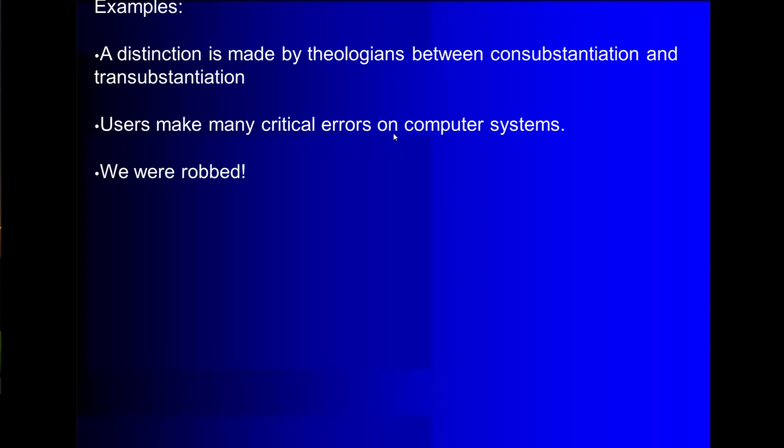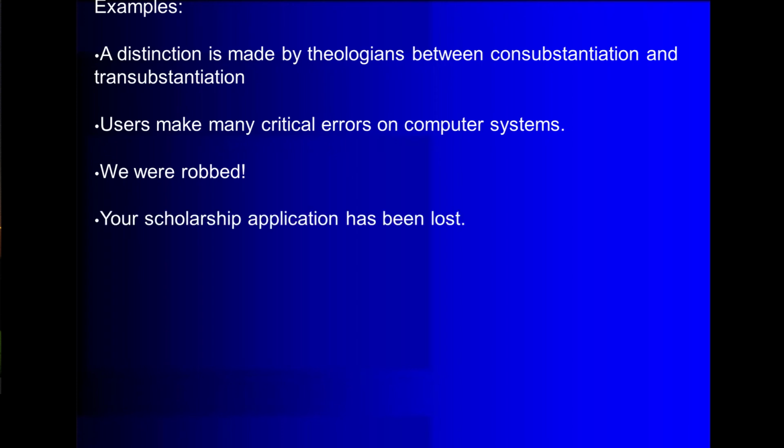We were robbed. Well, I already told you this one, right? We were robbed is actually a perfectly good passive sentence, especially if you don't know who did the robbing. It's the only way you could say it, right? Unless you said, an anonymous person robbed us, or a man robbed us, or a woman robbed us, etc., etc.